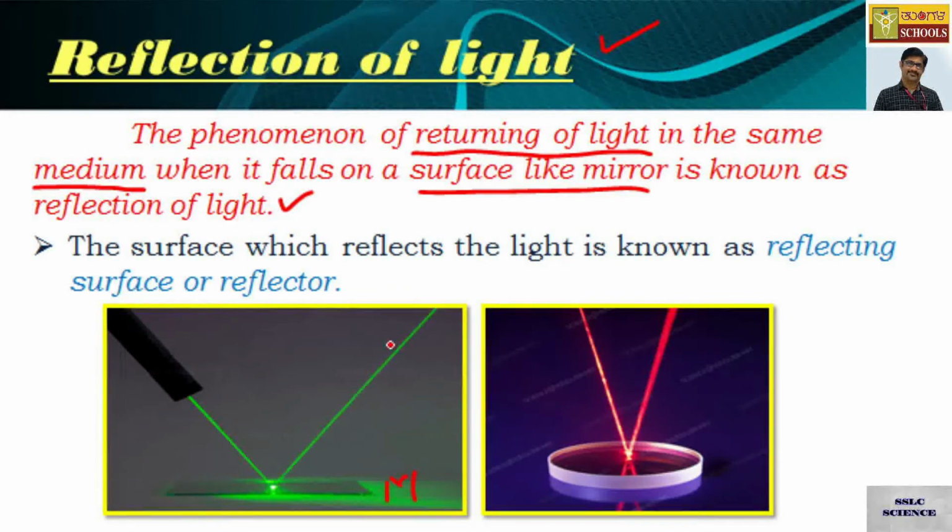That is known as reflection of light. The surface which reflects the light is known as a reflecting surface or simply a reflector.